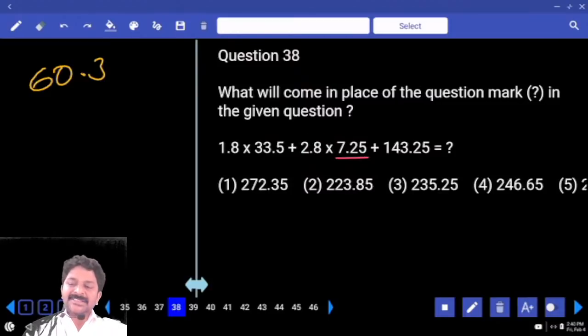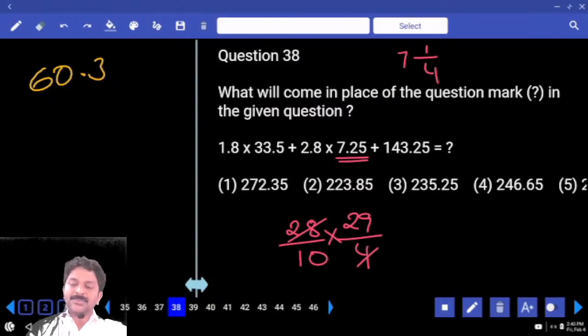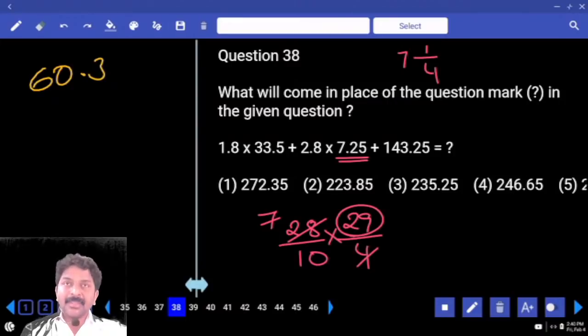So I'll take this number as 7 and 1 by 4. Is that okay? That is 29 by 4. 2.8 I'll treat as 28 by 10. Into 4, how many times? 7, how many times we have to calculate now? 30 times minus 1 time. Is that okay? 7 30s minus 1 time of 7.